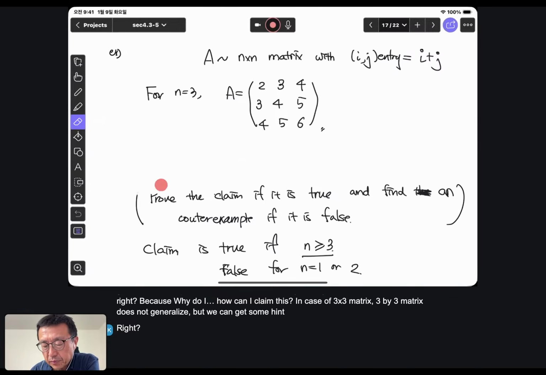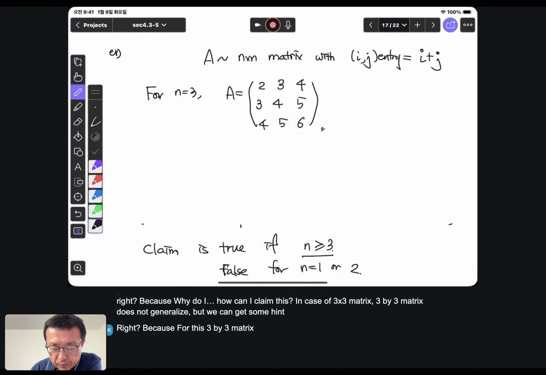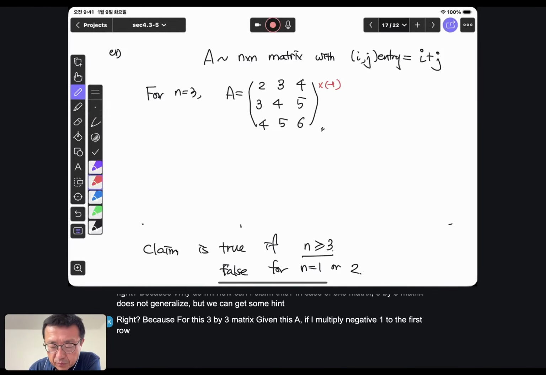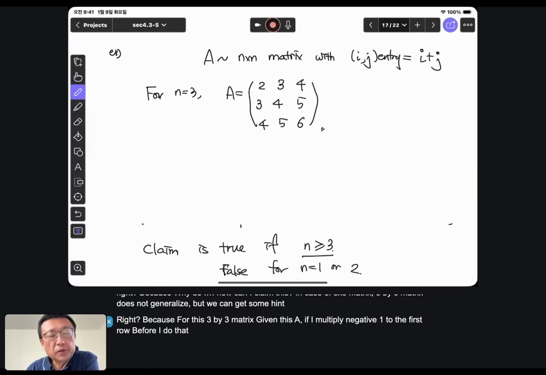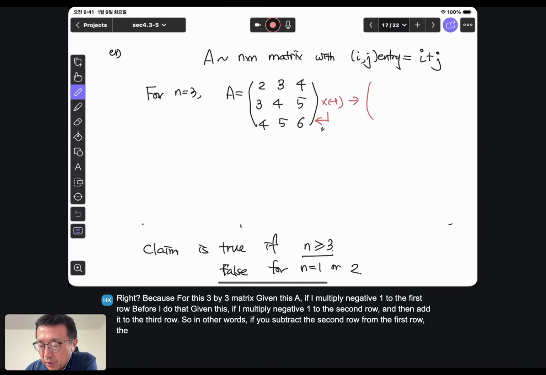Because for this 3 by 3 matrix, given this A, if I multiply -1 to the second row and then add it to the third row, in other words, if you subtract the second row from the third row, the matrix becomes 2, 3, 4, 3, 4, 5, and 1, 1, 1.